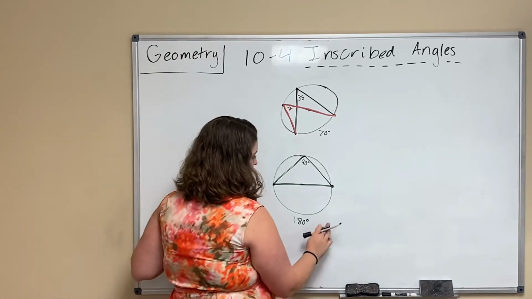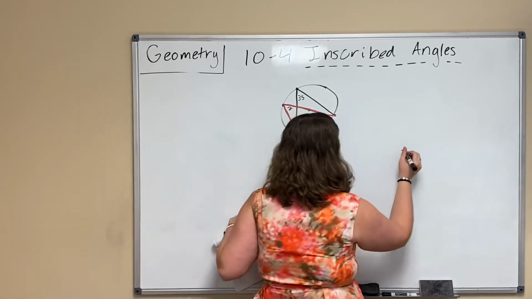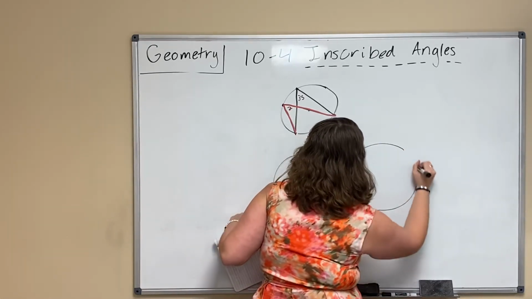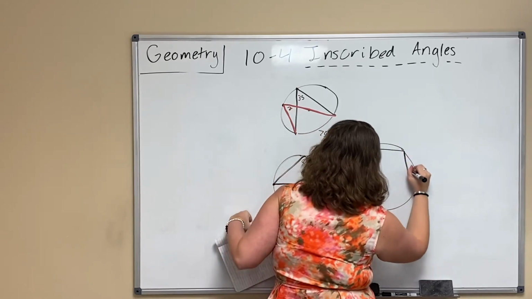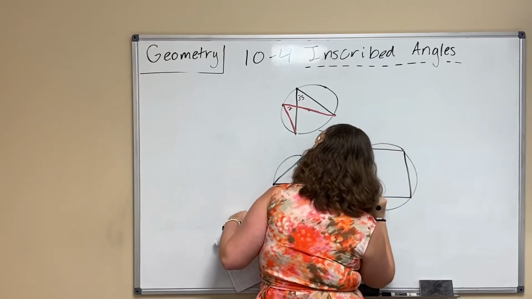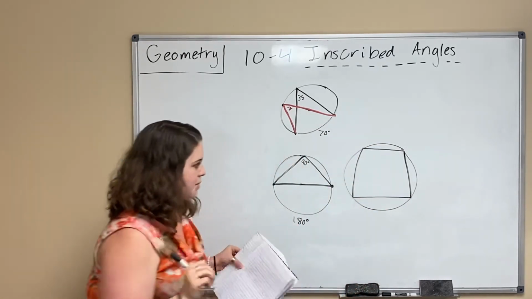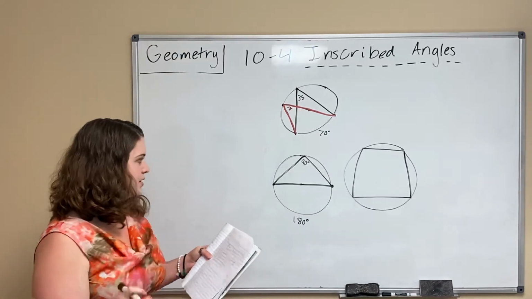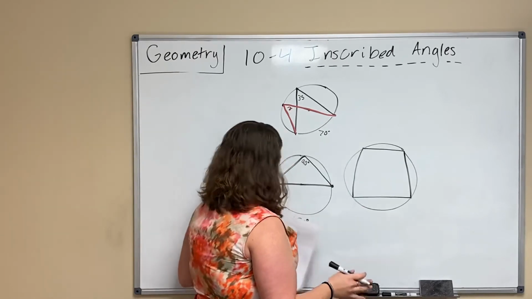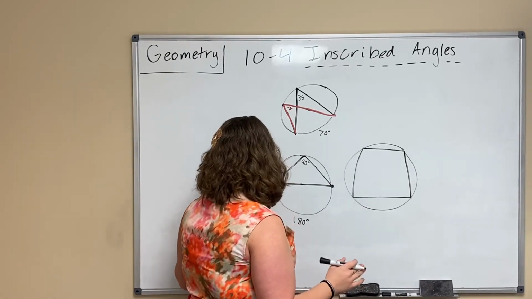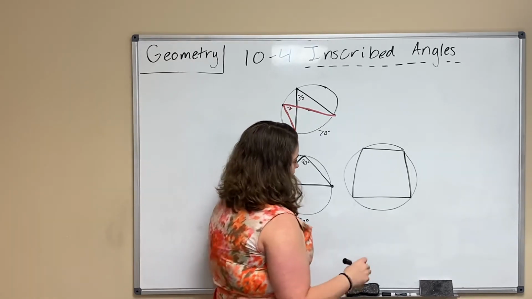One last thing, that's with an inscribed triangle. With an inscribed quadrilateral, quadrilateral, remember, is a shape with 4 sides. What we're gonna know about this quadrilateral, because it's inscribed, is that its opposite angles are supplementary.